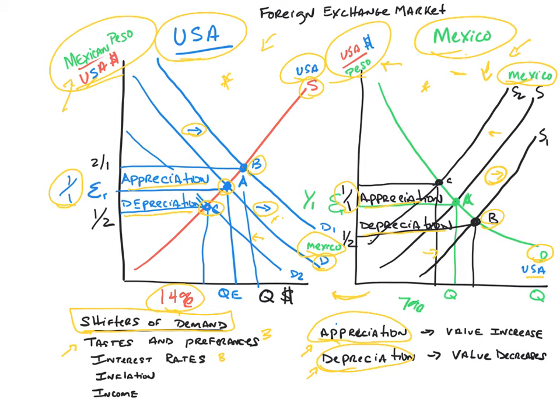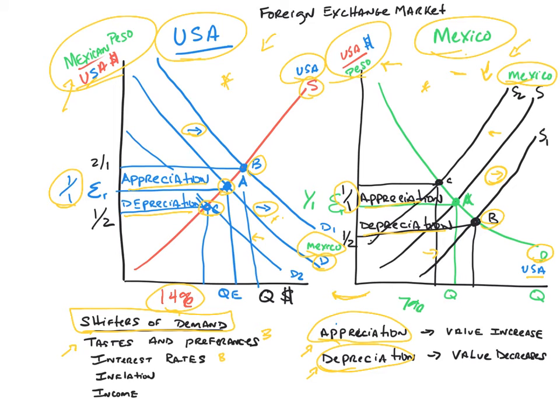Remember, you could have done it the other way. You could have gone in and said, okay, the demand for Mexican currency shifts up because people want to convert their money to the Mexican currency, and then of course it'll shift to the right, and then the supply of our currency would shift to the right. Either way, it depreciates the currency, and on the test you could have said either one.